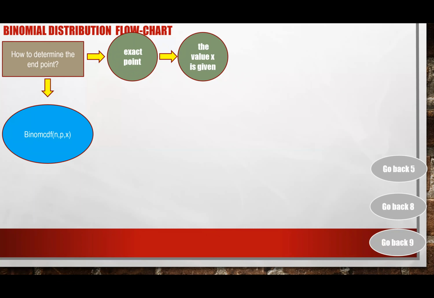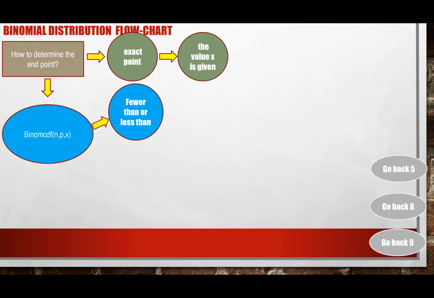The binomial CDF is where the problem comes in. So how do we determine the endpoint? If they ask for fewer than or less than, remember, the value they give us is not our endpoint, because that value is not less than itself. If they say find the probability of fewer than 6, well, 6 is not fewer than 6.